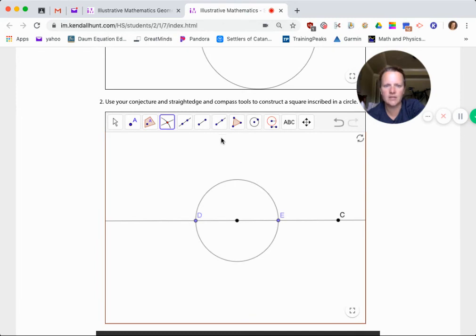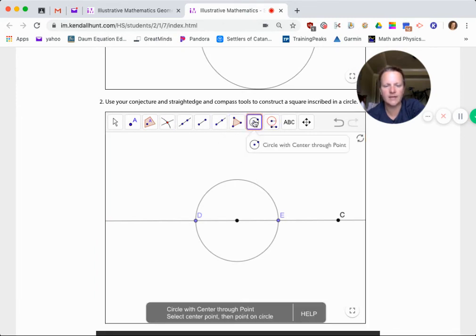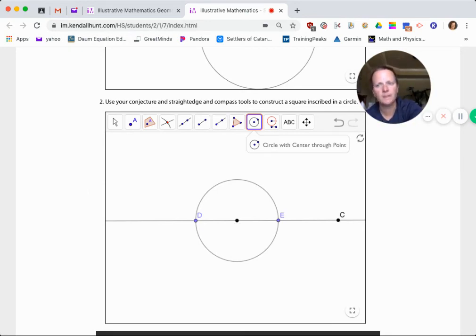So let's construct a perpendicular line. If I go back to my instructions over here, where I'm drawing a line perpendicular through, we'll call it line DE, through line DE, and then through the circle. I need a point up here.